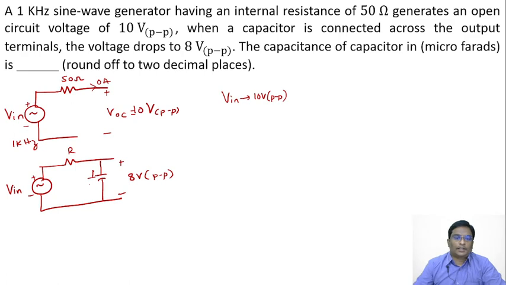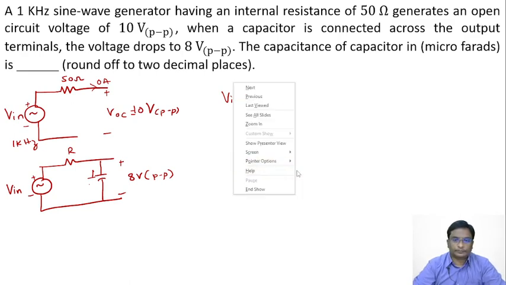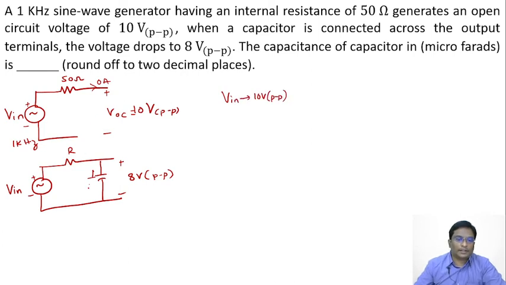This is 1 by S into C ohms. Now tell me, what is this Vout right now? We can apply the voltage division rule.